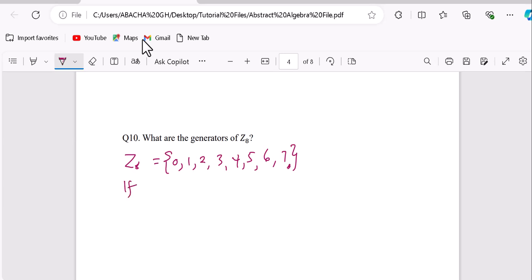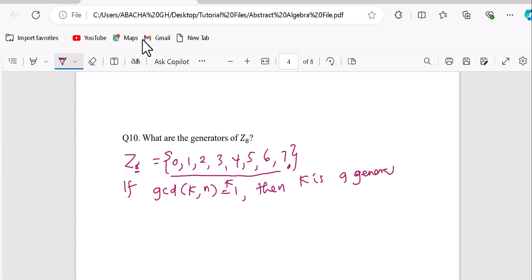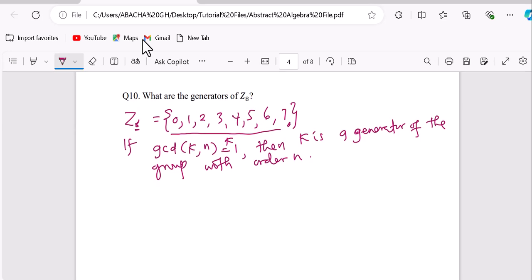If we consider these elements as k, and if we consider the order as n, and the GCD of k and n is equal to 1, then k is a generator of the group with order n. Okay, so what does it mean?